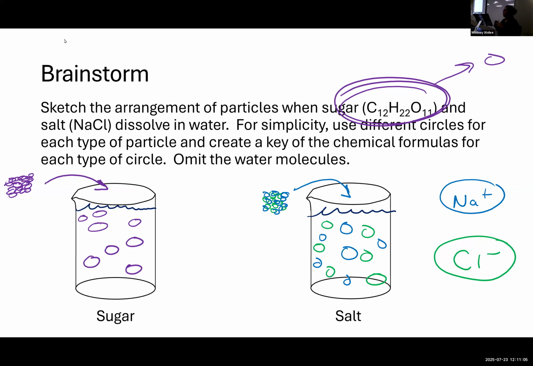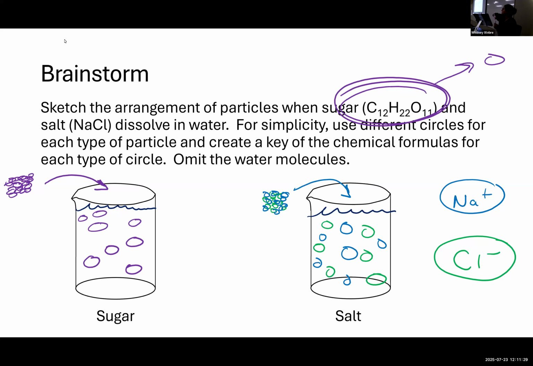So salt, when it is a solid, is still looking like that solid particle. It's all clumped together like that, but the second it hits water, and this is how it works, I can get up that really good simulation that I showed you a long time ago. Because it has those charges, and water also has some polarity to it, those oxygens are electronegative.